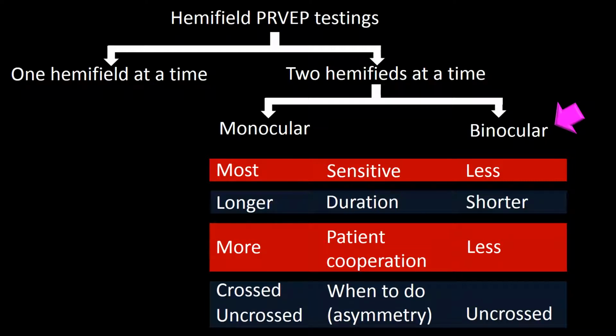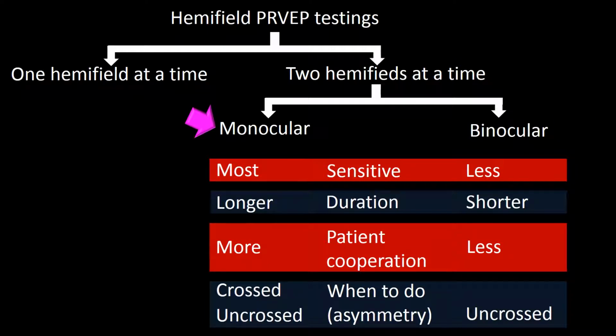When the right hemifields of both eyes are stimulated at the same time, or when the left hemifields of both eyes are stimulated at the same time, the study is labeled binocular.